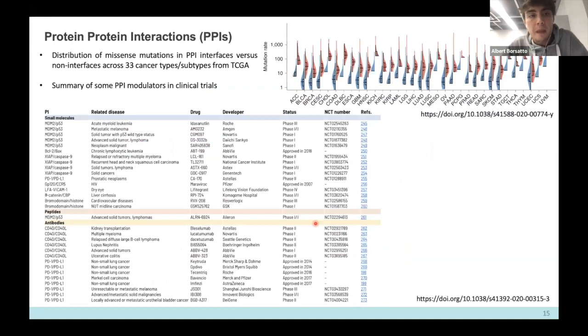And this brought us to protein-protein interactions. As we probably all know, protein-protein interactions are extremely valuable in terms of potential drug targets. Still, despite their potential, it's quite difficult to target them with small molecules because the interaction surface is usually quite flat and featureless.